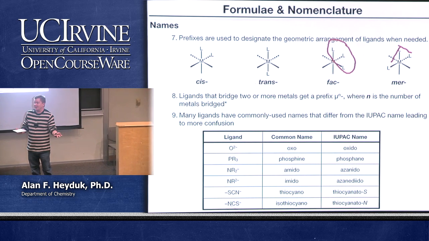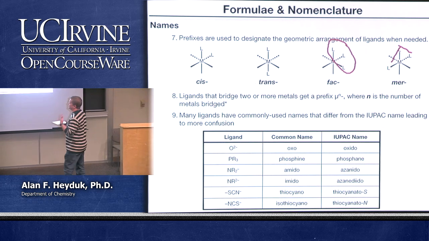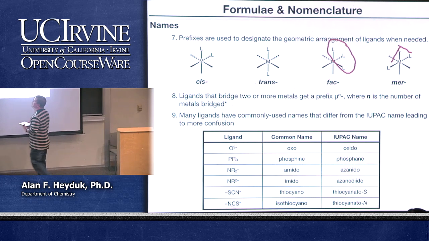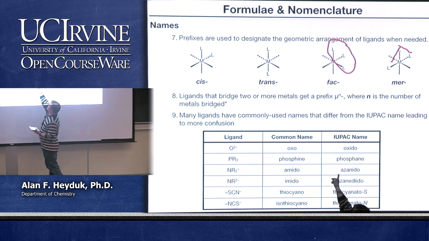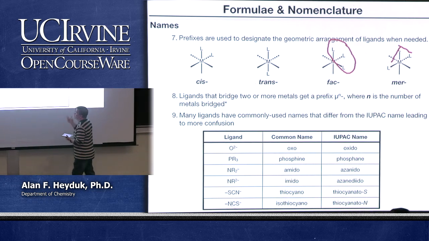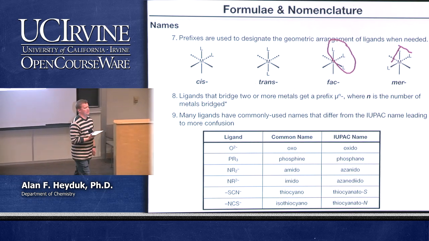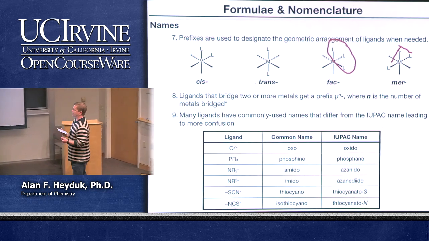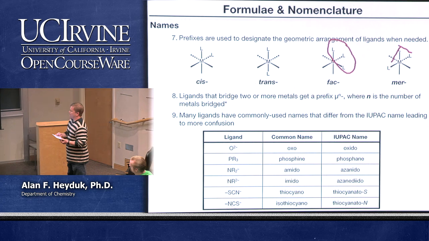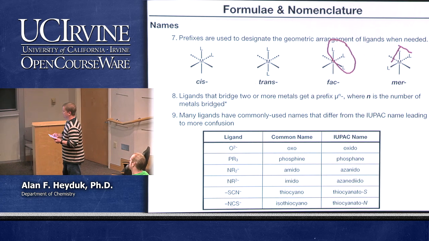Because that's what an amide is. This is where you see how you name things becomes important, and we should really be calling that an azanido. There's a whole list in your book of the proper IUPAC names for a bunch of different functional groups or ligands in transition metals. And we do need to make a real effort to be consistent.